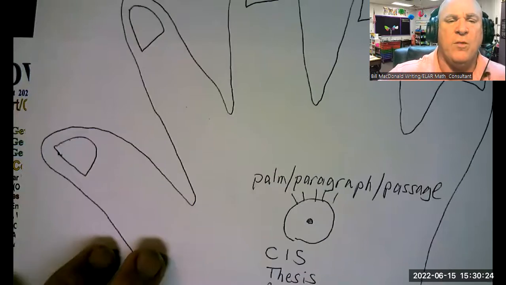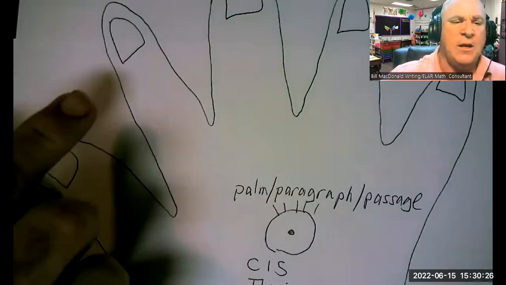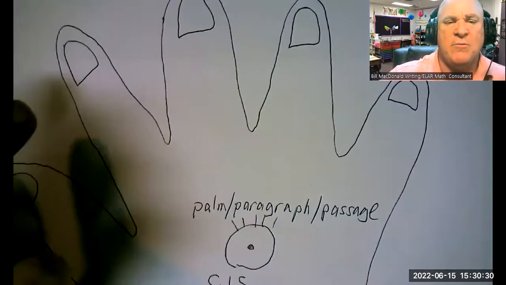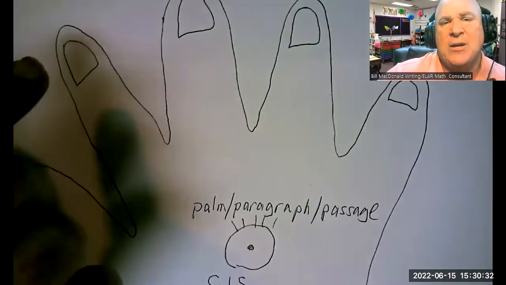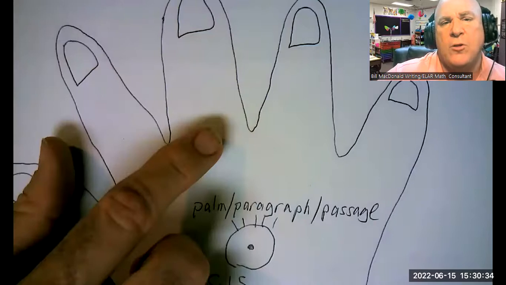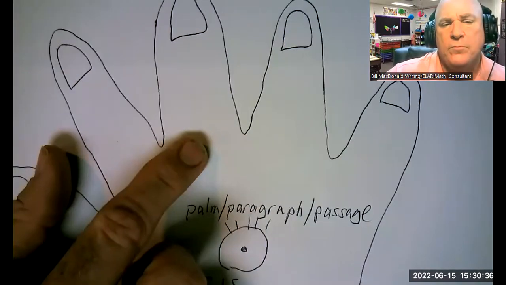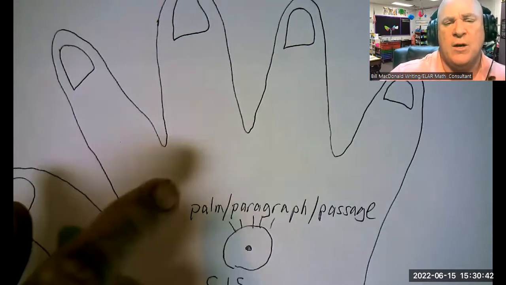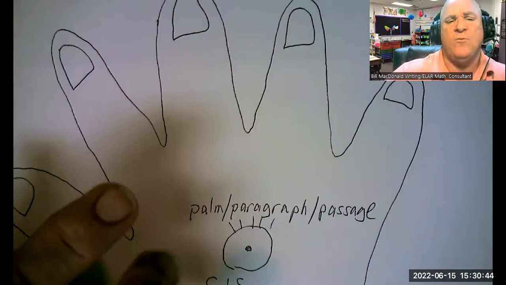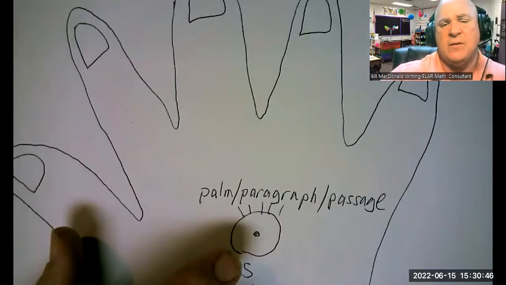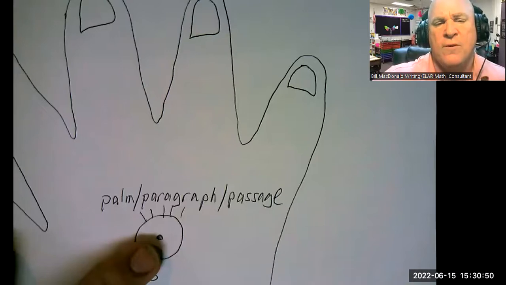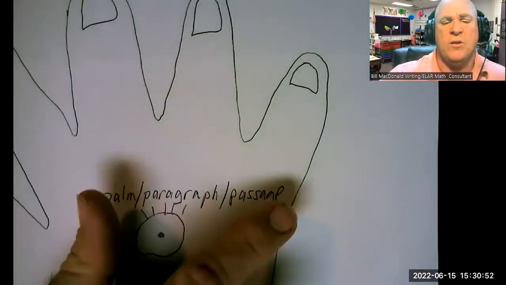Right here we have 1 through 5, or 6 through 10, or 11 through, you can put whatever number sentence, because in revision and editing, they actually have sentence numbers all the way through the passage for you. So you can just plug in the sentence number based on which paragraph they're talking about. And so if you have 6 or 7 or 8 sentences, then you could technically add 2 or 3 more fingers for those other ones.